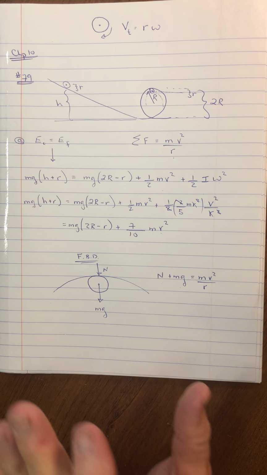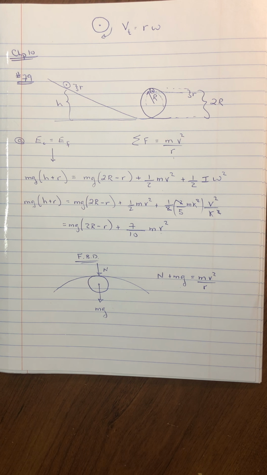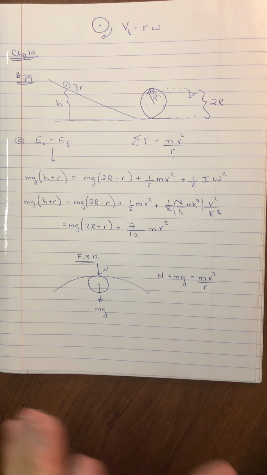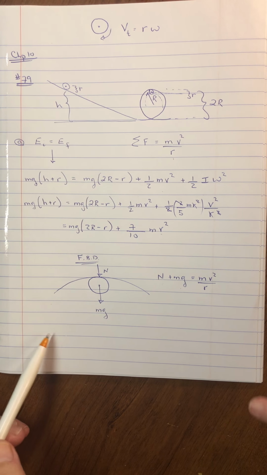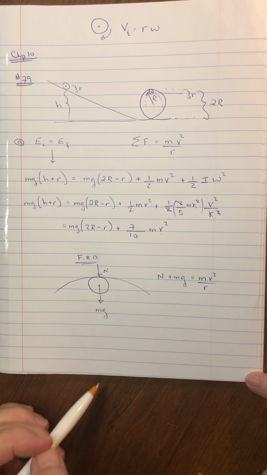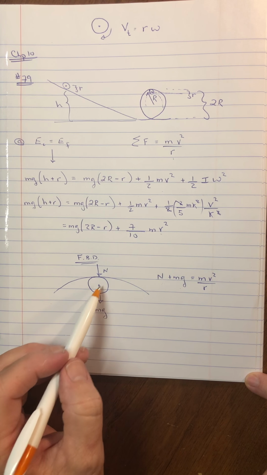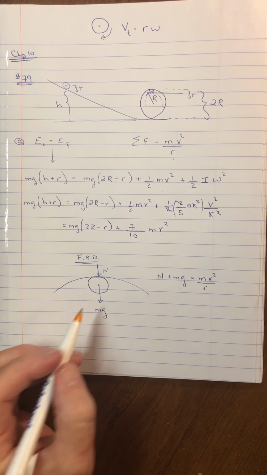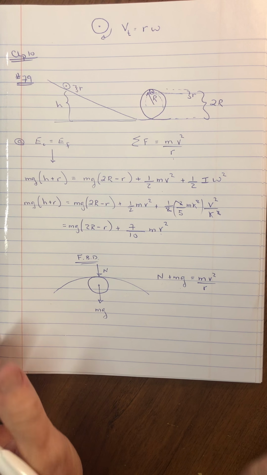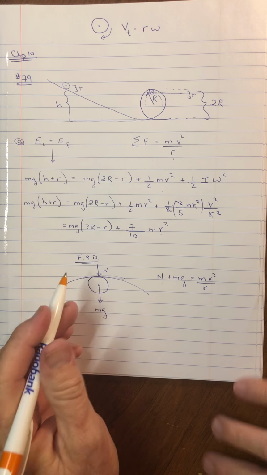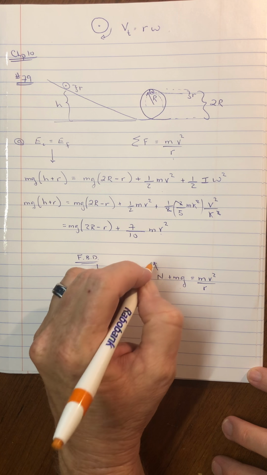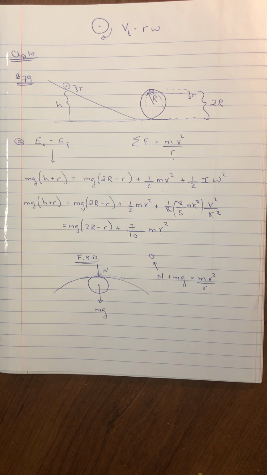Now there's an important word here that he uses. He said the minimum value. So in other words, it's just going to make it. If H had been really high, this would go around really easy and really fast. It would zip around, and you would have to have a big normal force pushing down, and it would make it around the loop only because the track here is pushing really hard on it. So this is a convenient way of saying what they're really saying is where would the normal force have to be? 0.